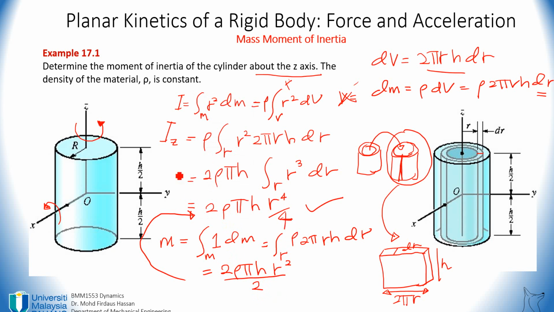So you can basically simplify Iz, where Iz is equal to 1 over 2 m r squared. That's the answer for the mass moment of inertia for this cylinder. Alright, so we have finished discussing how to find the mass moment of inertia for this rigid body using shell element.